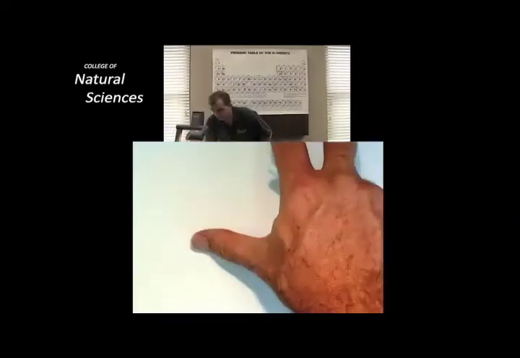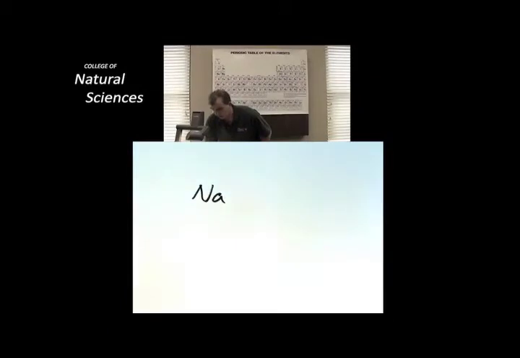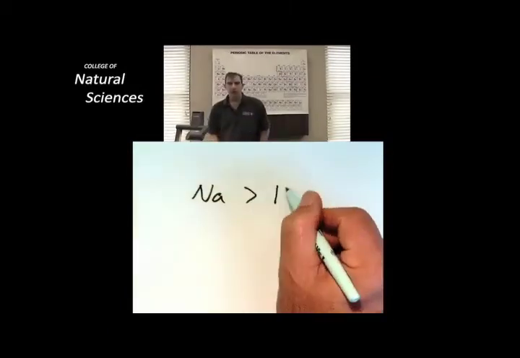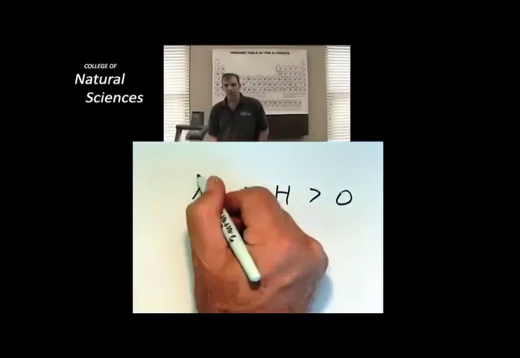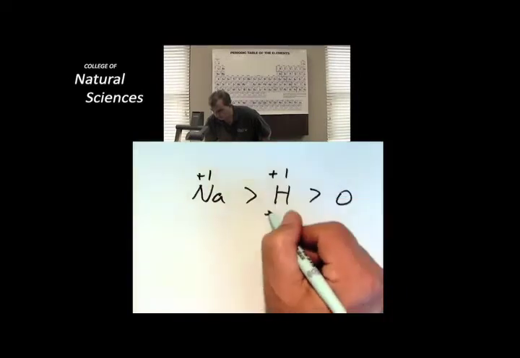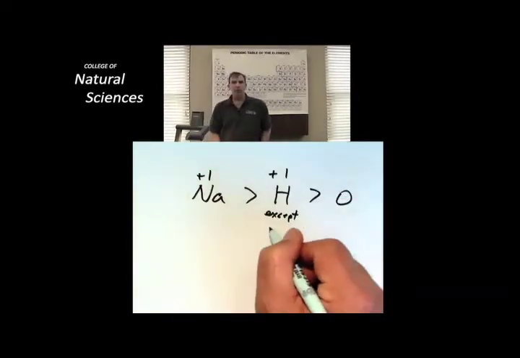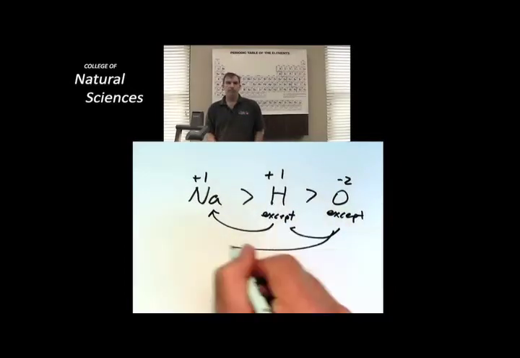Things like sodium always win over hydrogen, and things like hydrogen always win over things like oxygen. This one always gets to be +1. This one always gets to be +1 except when it's around sodium. This one always gets to be -2 except when it's around hydrogen or it's around sodium.